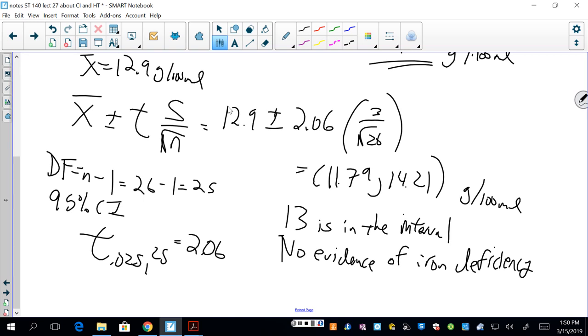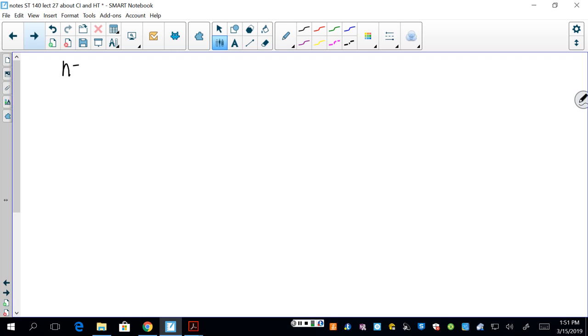What if, instead, we had not 12.9, but we had 11.4? Again n is 26, X bar instead we had gotten 11.4 grams per 100 milliliters, and the standard deviation was still 3. What would happen then?